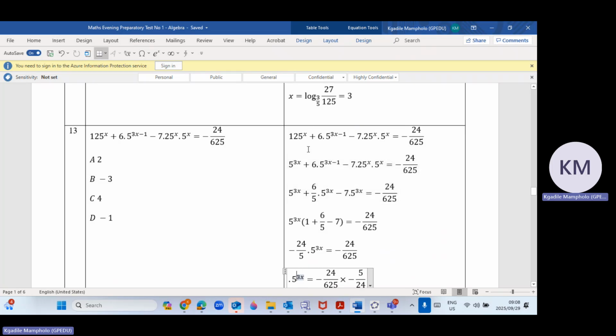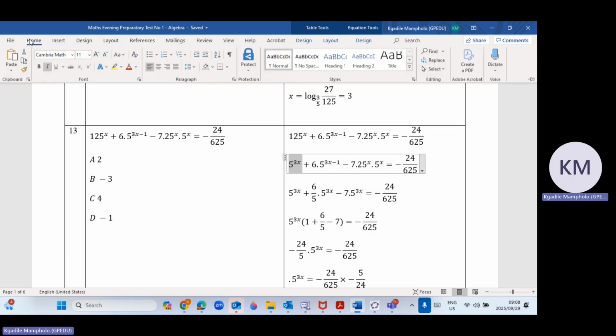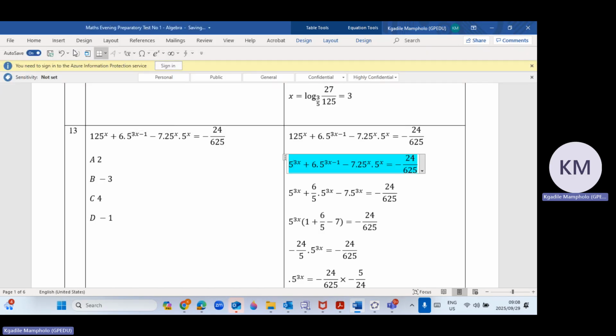You can see that when you change 125 to the power x, it will be 5 to the power 3x, because 5 to the power 3 is 125. So if you check, here you have a common factor. 3 to the power x is a common factor because it's here, also here, and also here.